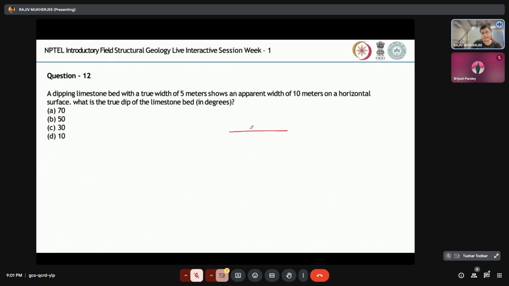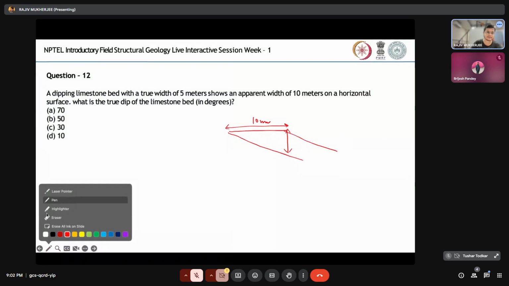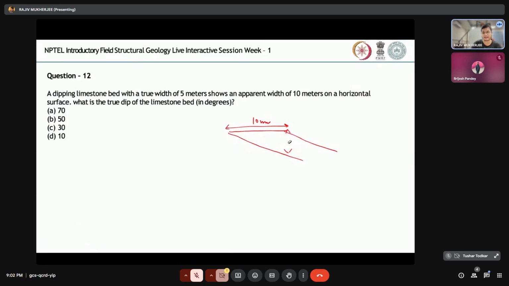So this is the horizontal surface, which is 10 meters, but the true thickness or the true width of the 5-meter bed is actually calculated as 10 meters on the horizontal surface.